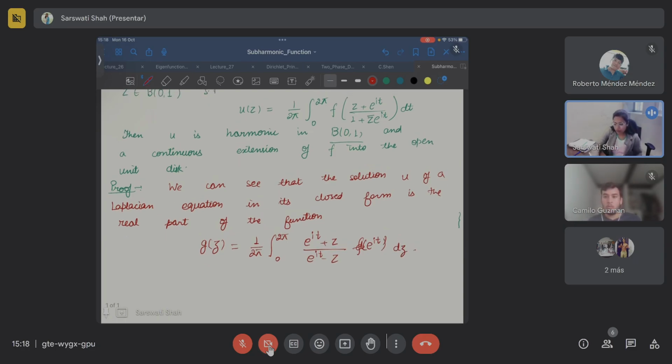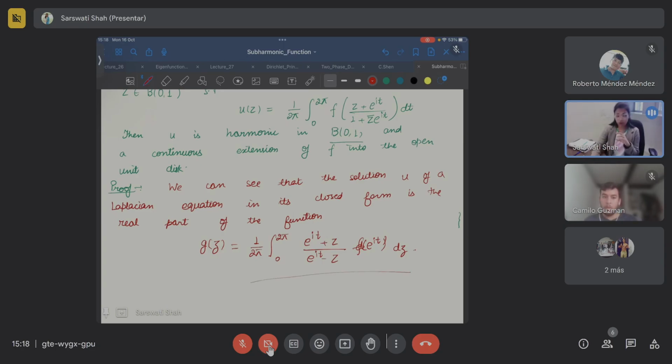We have already proved, in the last classes, we wrote the solution of the Laplacian equation in terms of the Fourier series, and then we calculated the coefficients, and then to make it a closed form solution, we did some kind of arrangement to write it in the form of a complex function, and that complex function was coming like this.